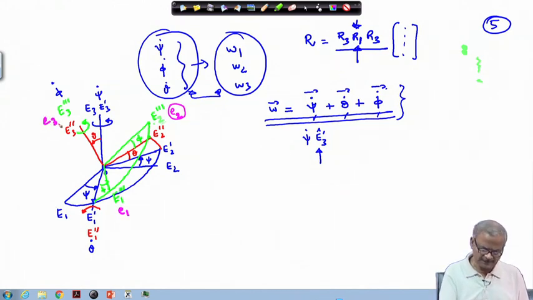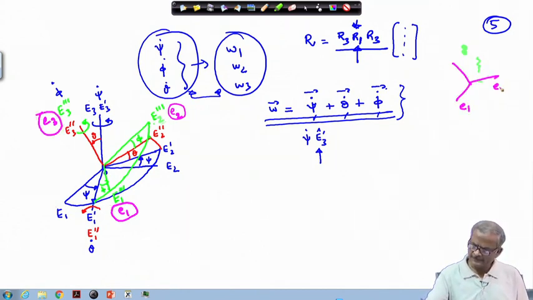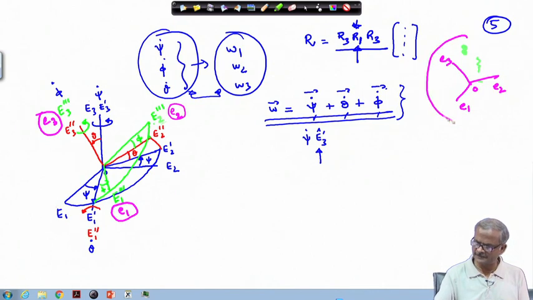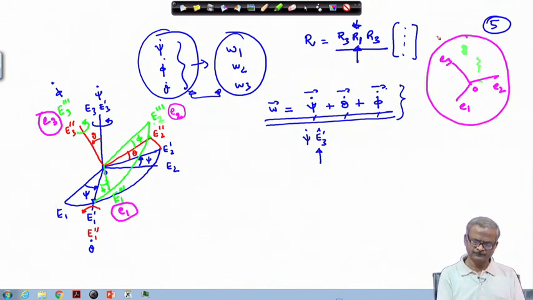So, instead of using E3 triple prime, we are using this as E3, E1 and E2, and this constitutes E1, E2, E3, your body frame. So, you can consider capital E1, capital E2 and capital E3 as your inertial frame, and from there you have rotated by these angles and reached a final configuration. The final configuration is being termed as the body frame.